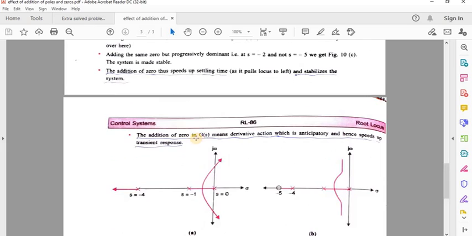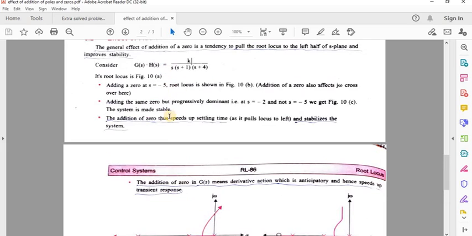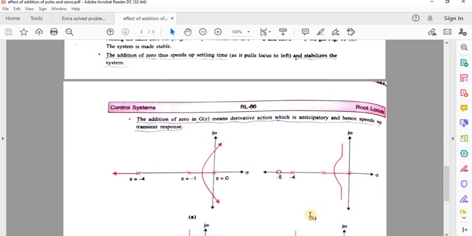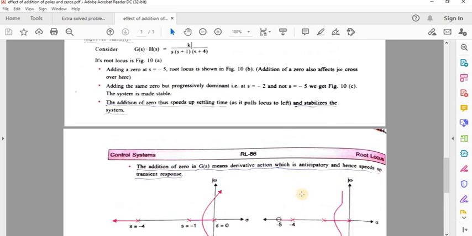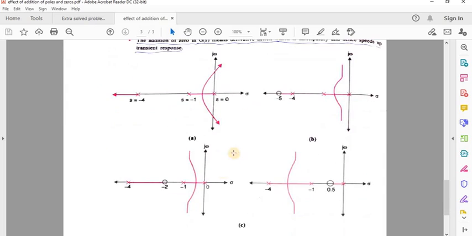This will come inside as you can see here. So adding a zero at s equal to -5, root locus in this figure B, adding the same zero but progressively more dominant at s equal to -2, okay. Then they have changed here, the root locus will change again, okay.